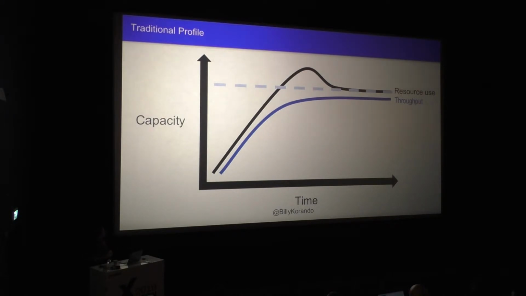So you look at the traditional profile of a typical long-running Java app starting up. You'll get a resource and throughput response something like this. To start with, there's a lag between resource usage and throughput getting up to speed, which is obviously time you're paying for but not being able to utilise. And then you've got an overshoot.